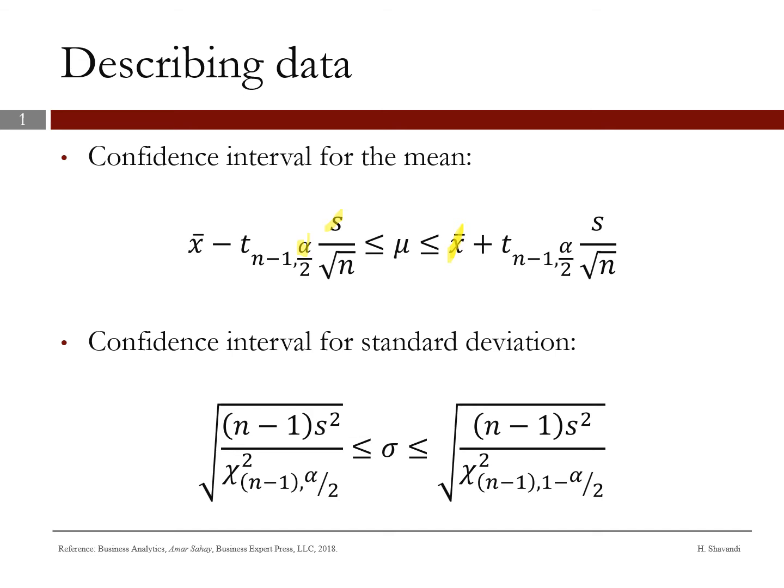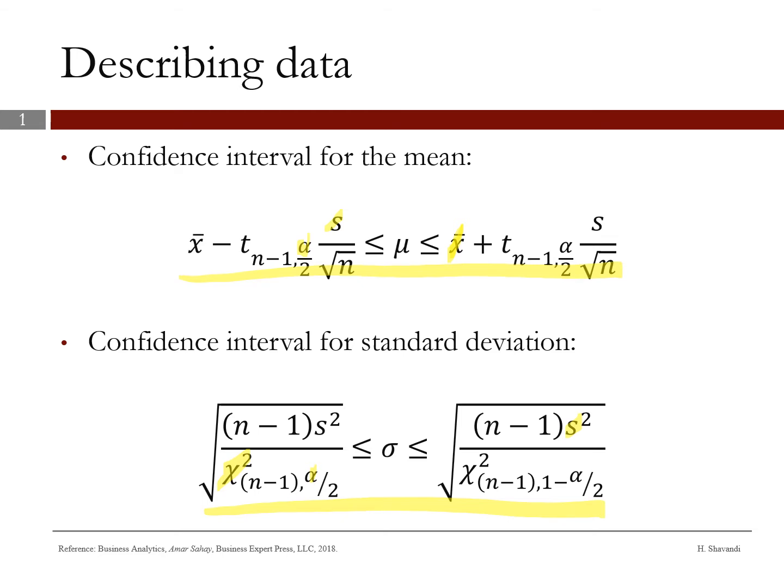Using the t-distribution, you can build a confidence interval for the mean of the population. And also you can do the same for the sigma. When you calculate S as the sample standard deviation, you can build a confidence interval with alpha, using the chi-square distribution, for the standard deviation of the population.